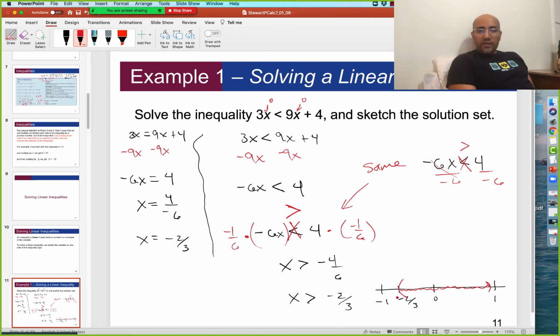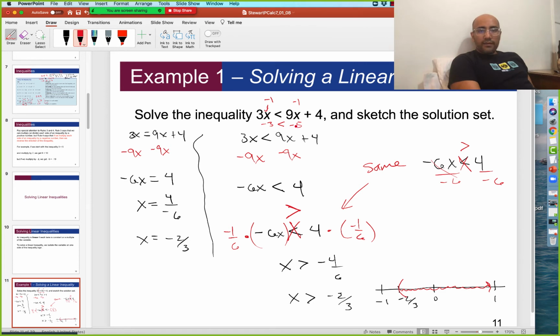Good. We can check to make sure that this side doesn't work. Negative 1. If I replace it with a negative 1, that gives me negative 3 is less than negative 9 plus 4. Negative 9 plus 4 is negative 5, and we know that that's not true.